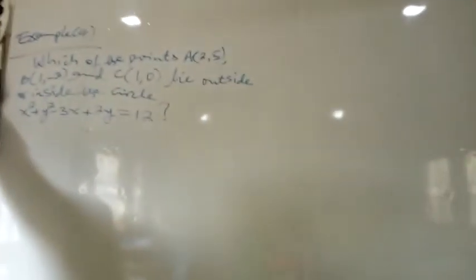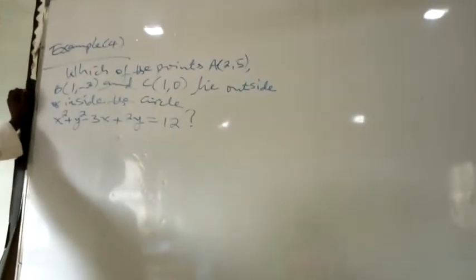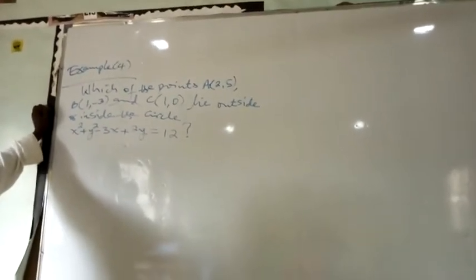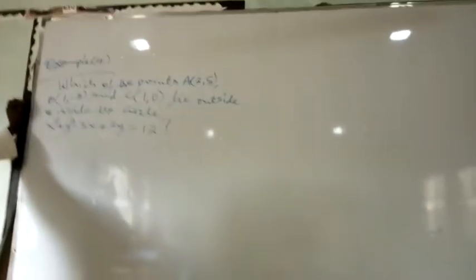Which of the points A(2, 5), B(1, -3) and C(1, 0) lie outside or inside the circle x² + y² - 3x + 2y = 12? Solution.